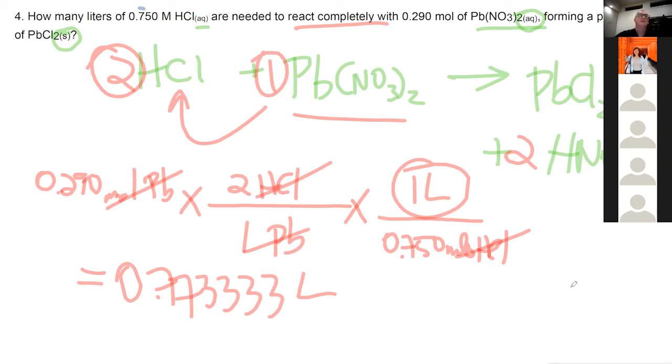The molarity has 3 significant digits because the trailing zero is behind the decimal point, and the number of moles has 3 as well. Each of those trailing zeros is significant because it's past the decimal place. So 1, 2, 3. What's our final answer?